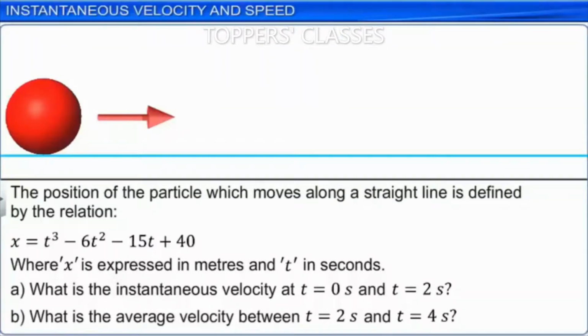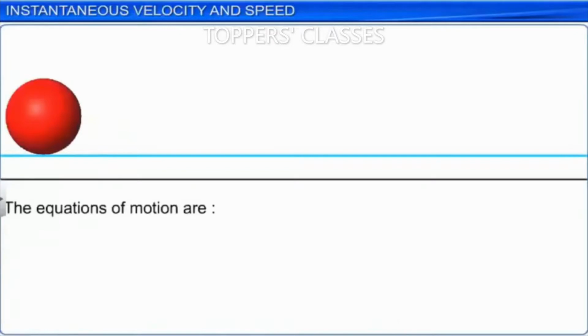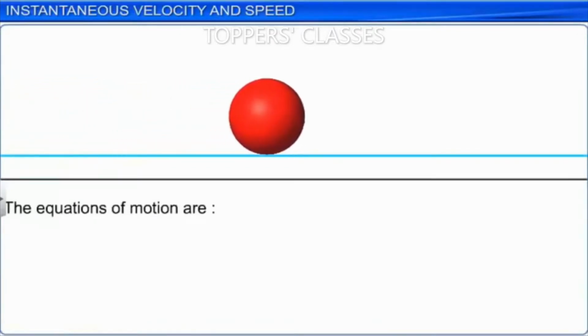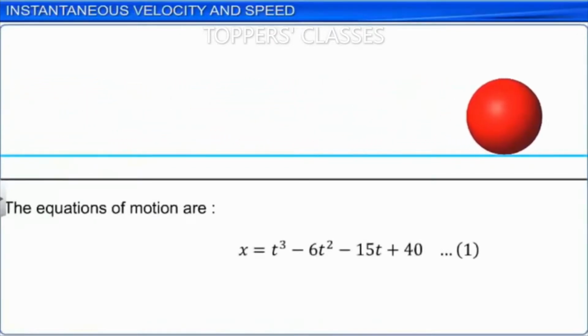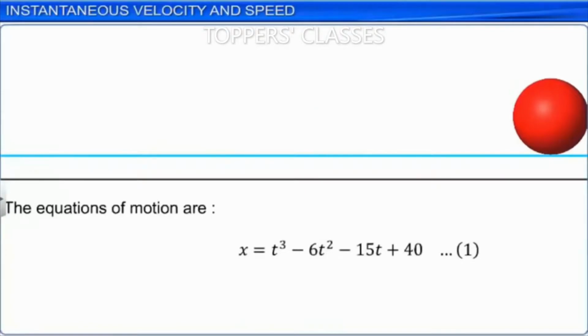Solution: the equations of motion are x = t³ - 6t² - 15t + 40. v = dx/dt = 3t² - 12t - 15. Label these equations 1 and 2.